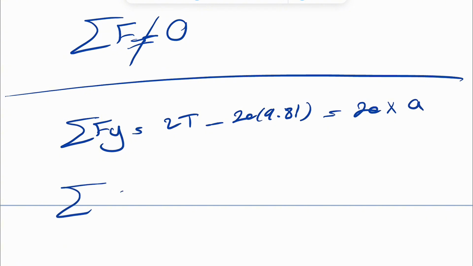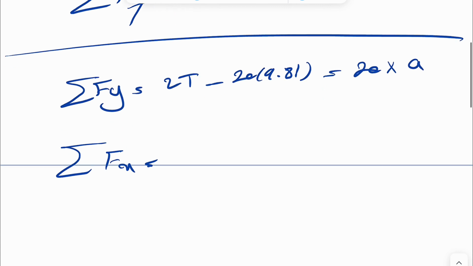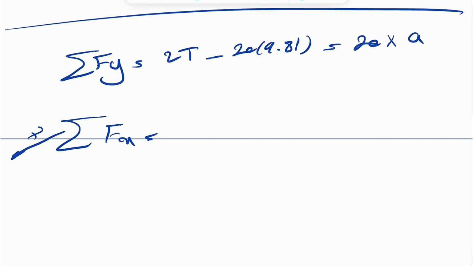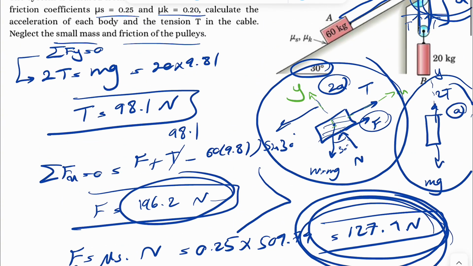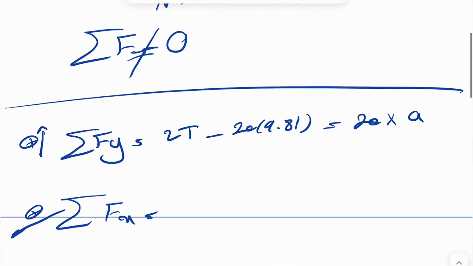And for the second free body diagram, if we go with x direction, because we know that the acceleration is in this direction, we can call our positive x-axis in this direction, and here we're going to call it in this direction. So we're going to have the weight as our only positive component, which was mg sine of 30.